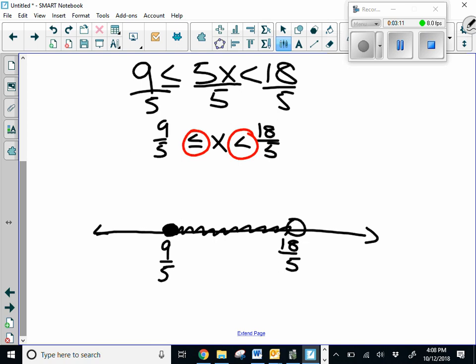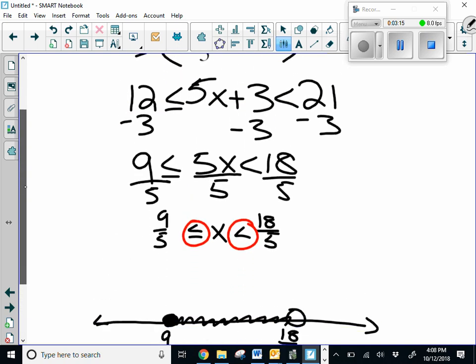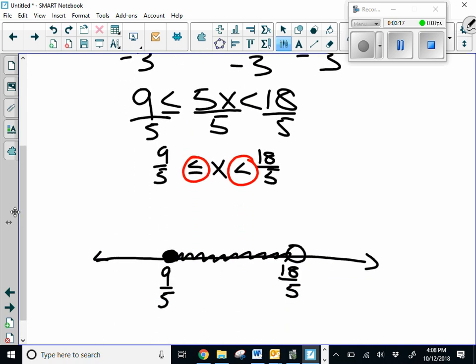So a solution to our first inequality would be any number between 9/5 and 18/5.